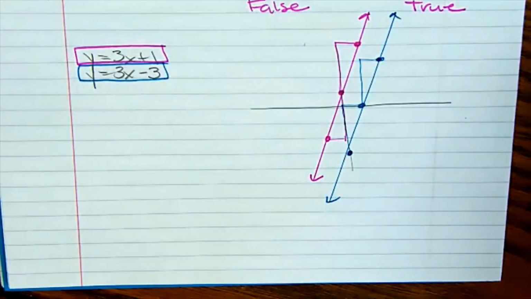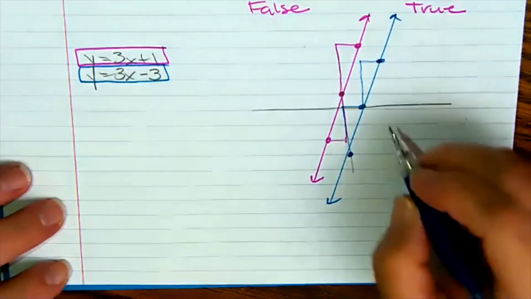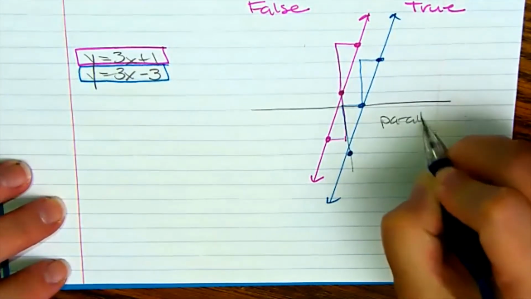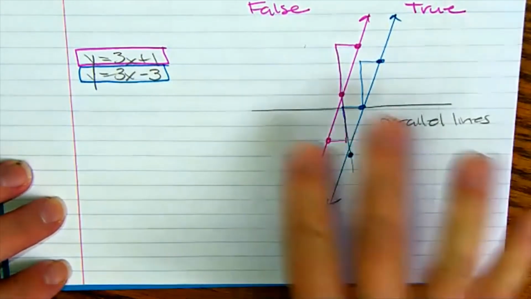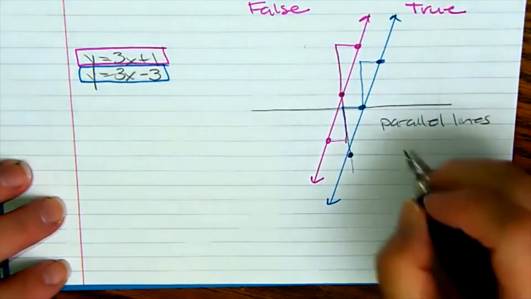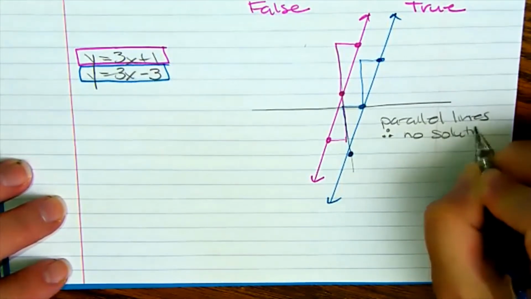And when I connect those points, these lines here look pretty parallel to me. These are parallel lines. They will never, ever intersect. Therefore, there is no solution.